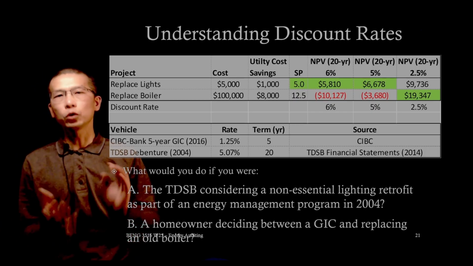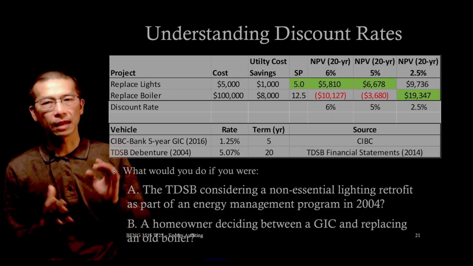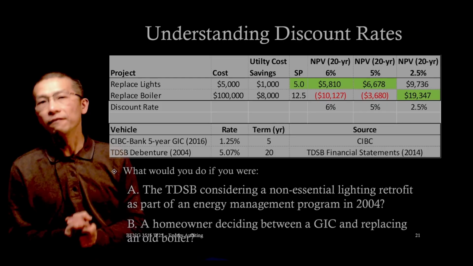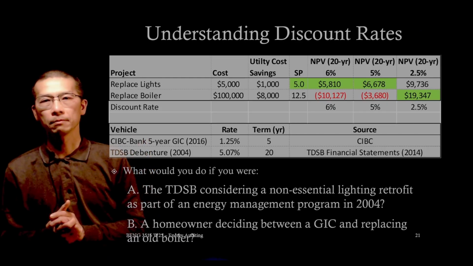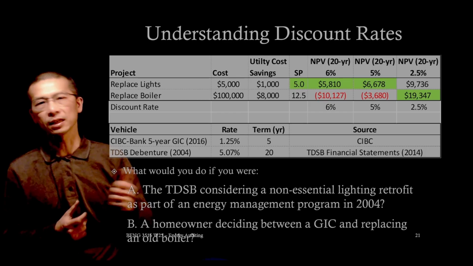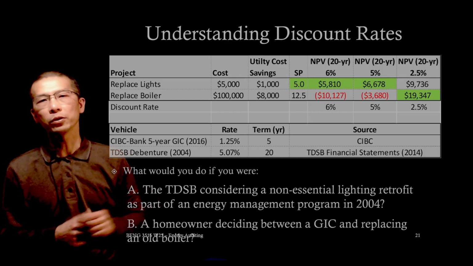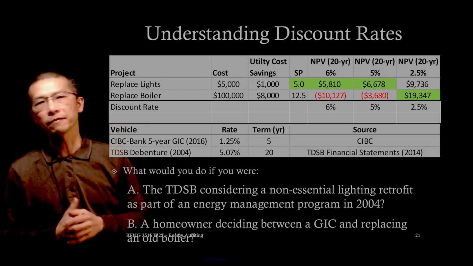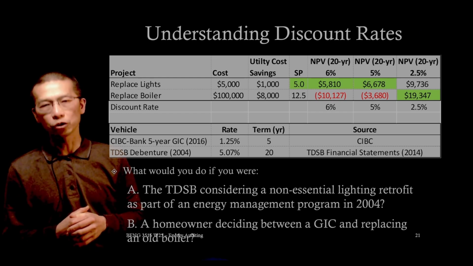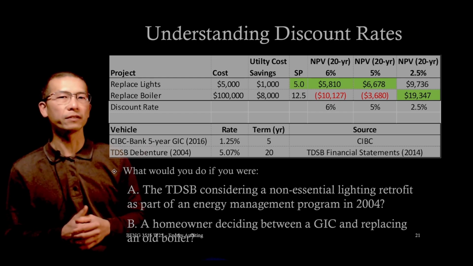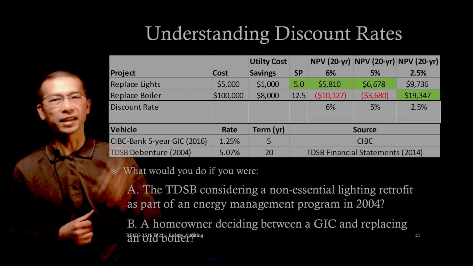we have two projects and two reference investment rates, or what they call vehicles here, right? The rate term, CIBC GIC, is 1.25% for a 5-year term. The Toronto District School Board debenture is 5.07%, 20 years.